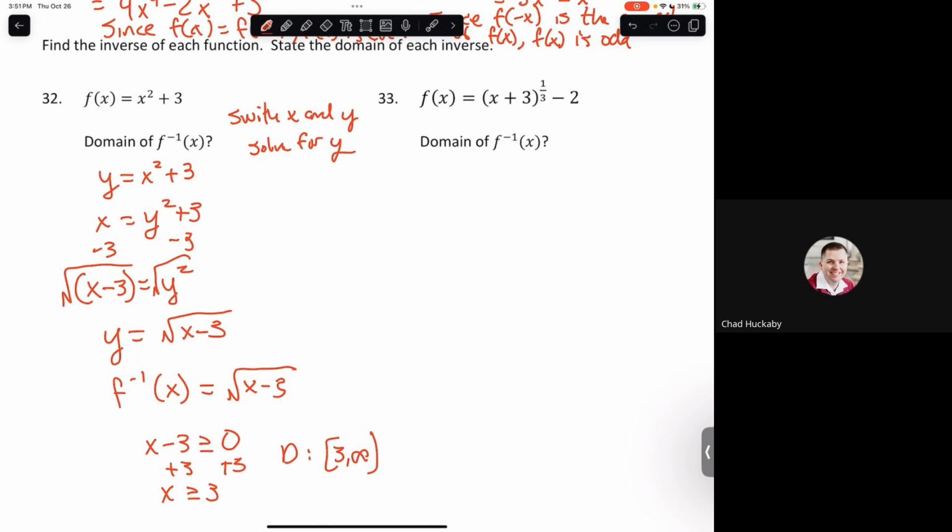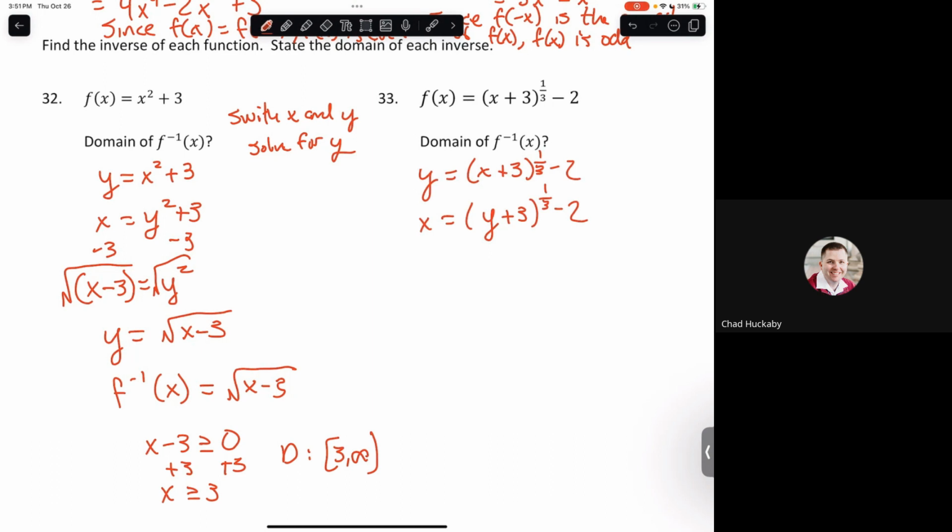Okay. Last one. We start out with x plus 3 to the 1/3 power minus 2. So let's just put in a y in for f of x just for ease of operation. Then we can switch those out. And we say x is equal to y plus 3 to the 1/3 minus 2.